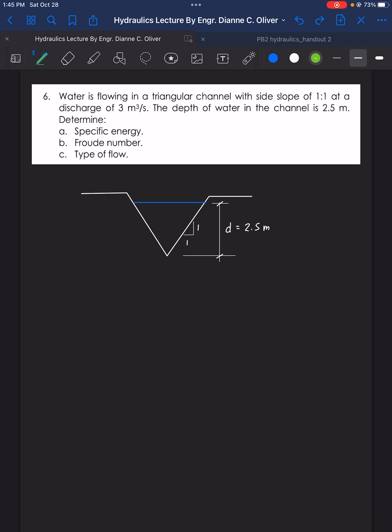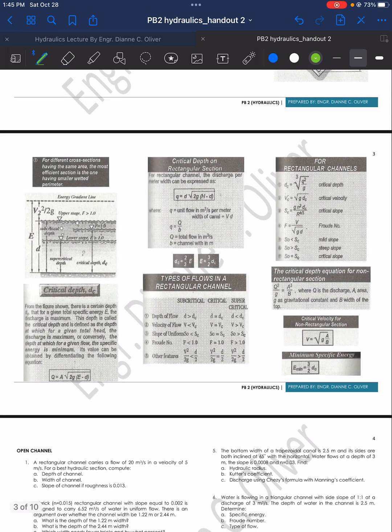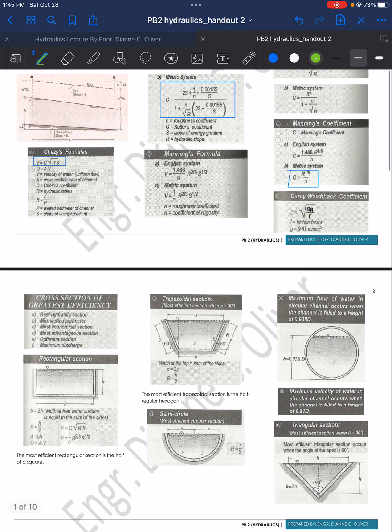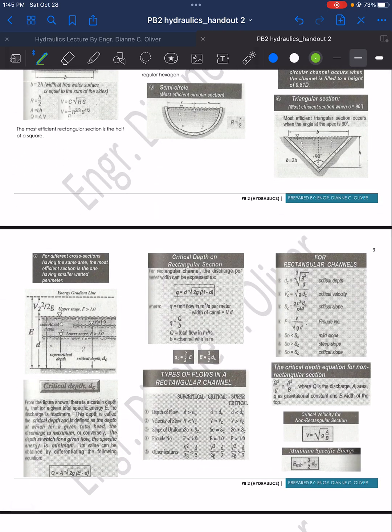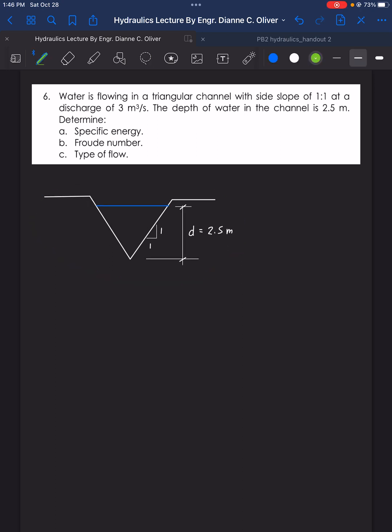Now for the specific energy, since this is an open channel, in regards to energy there is no pressure head here.